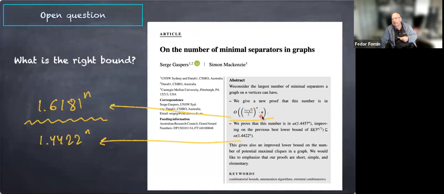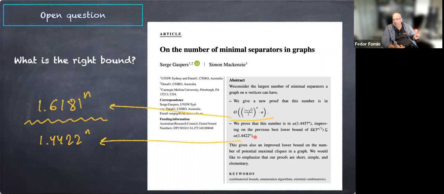The proof which I gave you gives n to the 4, but it's possible to do it with slightly different arguments and even decrease the polynomial here. But the best lower bound: we know examples of graphs which contain 1.4457 to the n minimal separators.